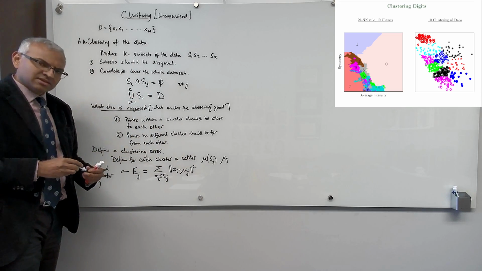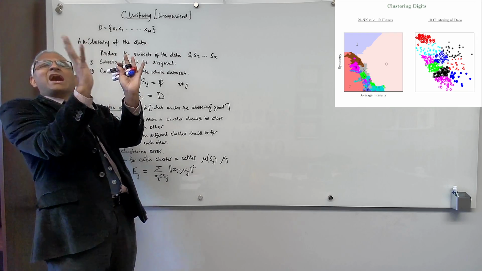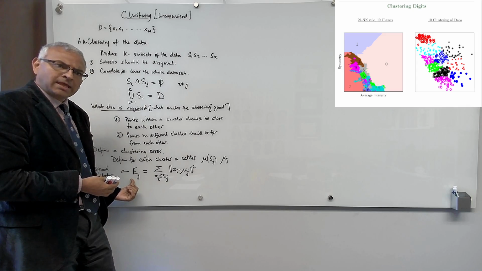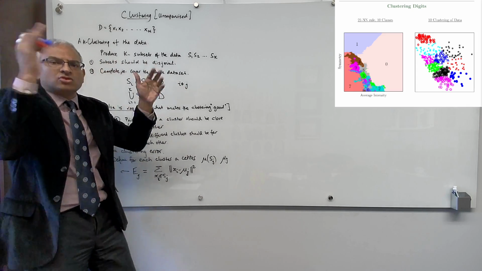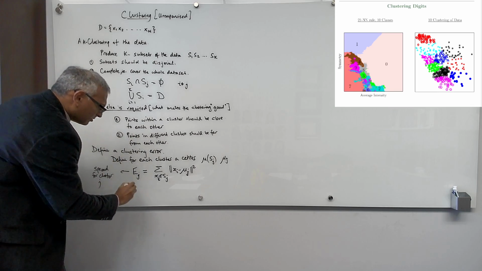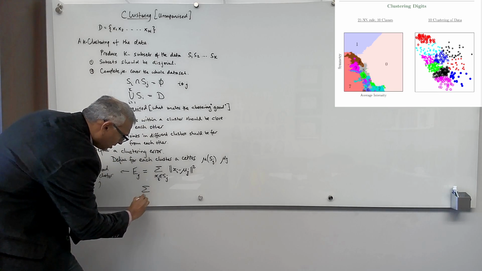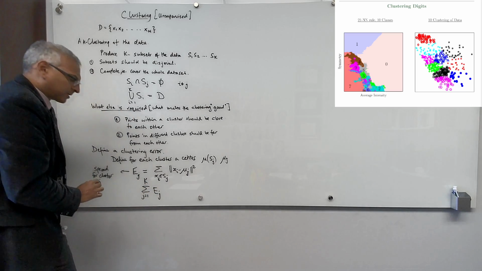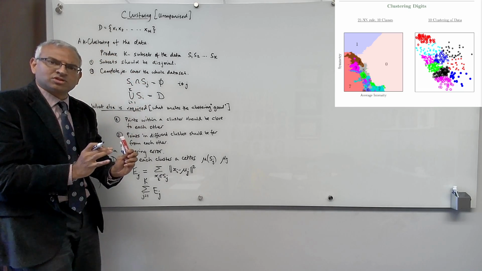You can think of this as how large is cluster J. Okay, and now we can add up the sizes of each of the clusters. So we take the sum from J equals 1 to K of Ej. That's the sum of the sizes of all the clusters.